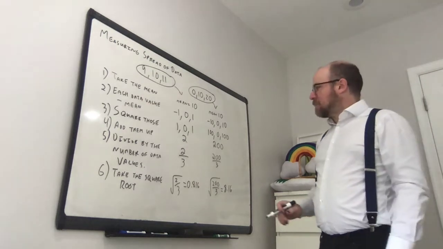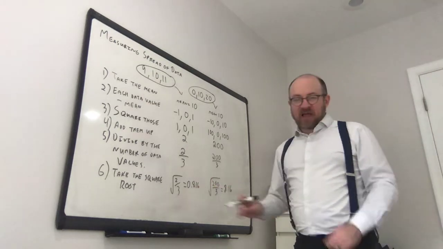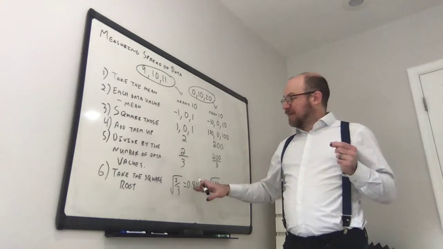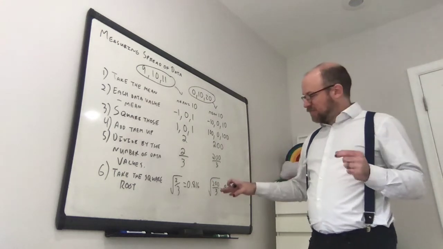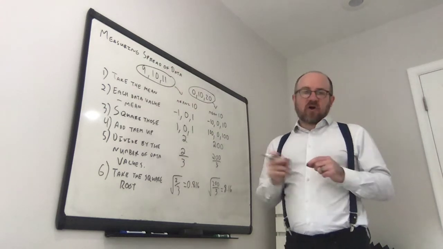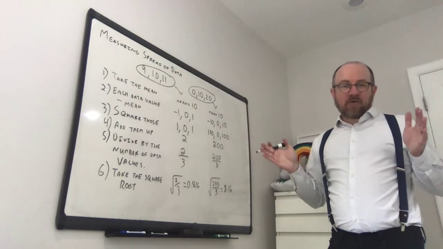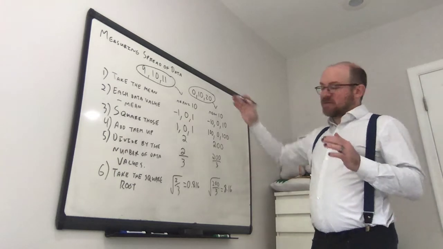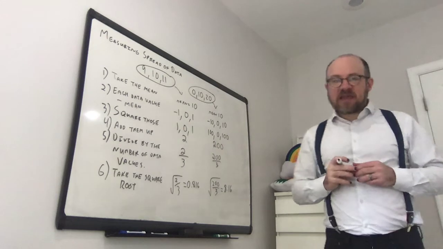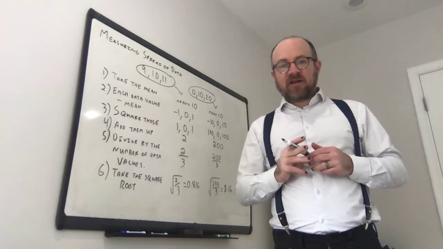And so remember what I said about this kind of being the average distance that they're spread out. It's actually kind of the square root of the average distance that they're spread out, but it's 0.816. These values are spread out about that much. 8.16, that's more how these are spread out. Okay? So that's computing the standard deviation.